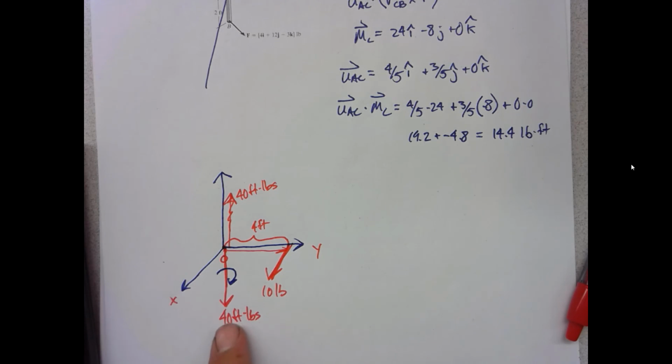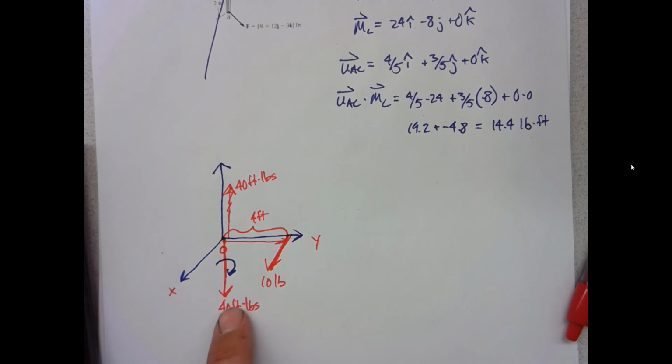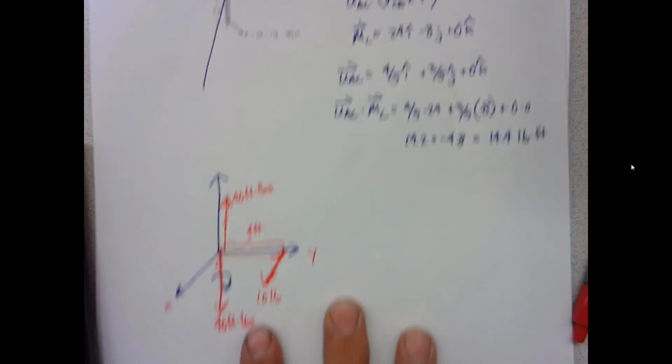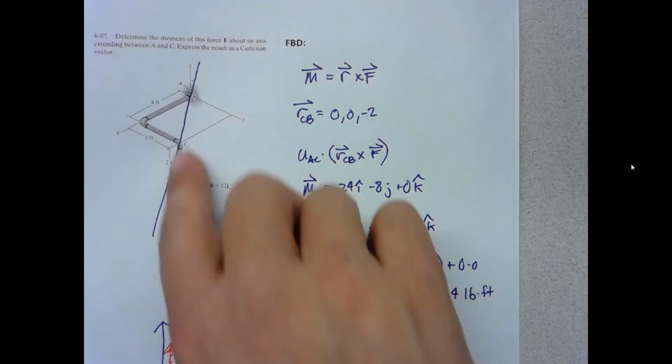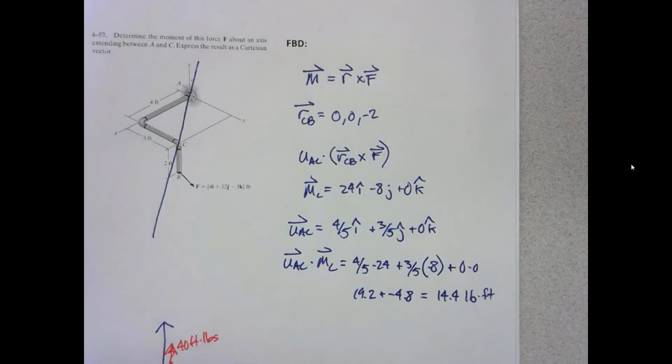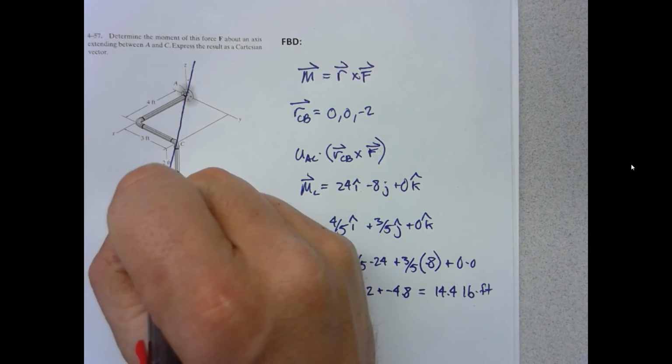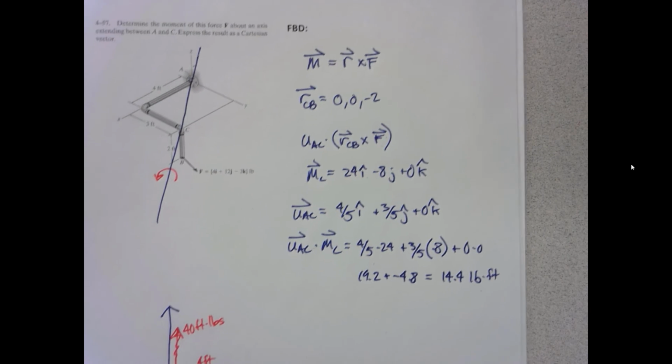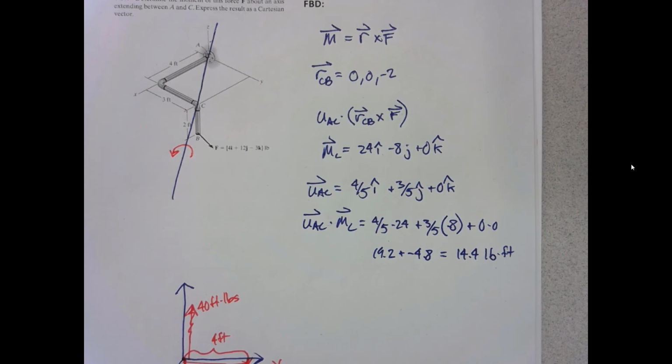So the moment vector says I'm completely spinning about this axis. When I do that up here, I find the component projected onto the axis, and that's the amount that it's twisting about that axis, how much it's spinning along it.